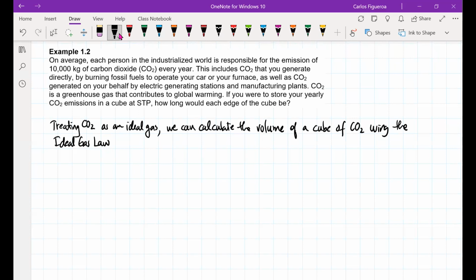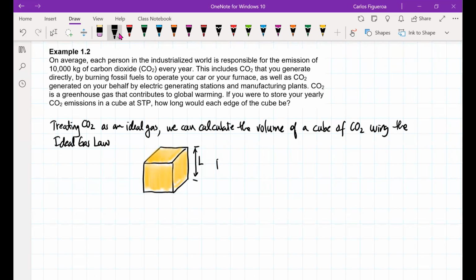So what I'm really looking at here is that I imagine that I have a cube. So let's say that this is my cube right here. And so when I'm looking at my cube, what we want to do here is that this volume tells me that I have some particular length.